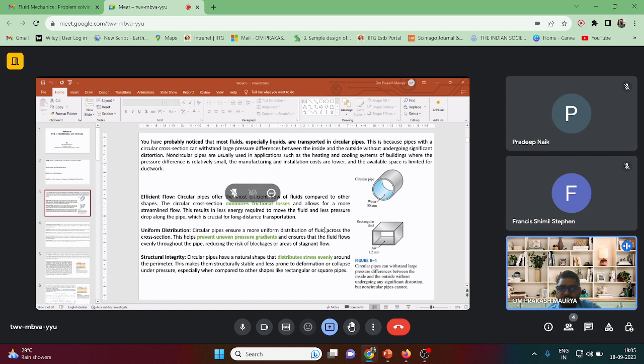You will get some information on why we use the circular pipe in place of a rectangular one.